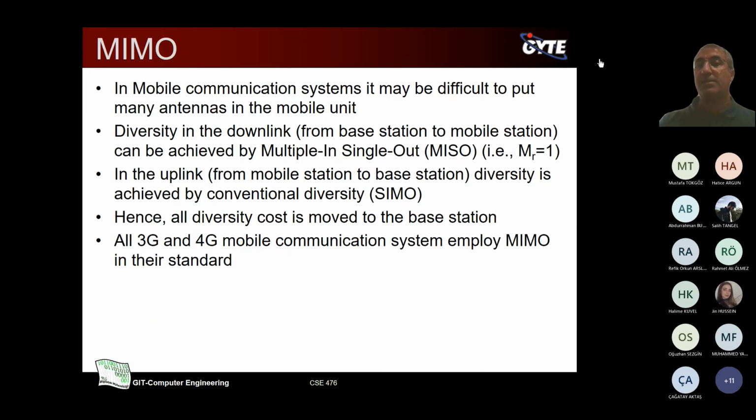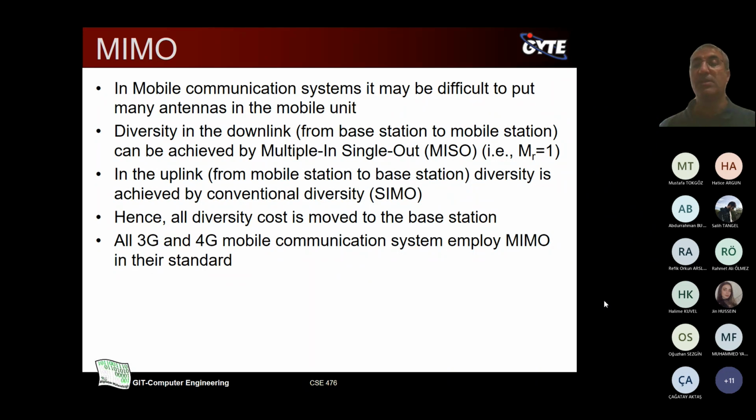As the name implies, we need multiple antennas at the transmitter and multiple at the receiver side, but it's difficult to put many antennas in the mobile devices, as you know. That's why diversity in the downlink is used for the MISO, because we can fit many antennas in the base station. In the uplink from your mobile device, your smartphone, to the base station, we use uplink diversity, which is SIMO.